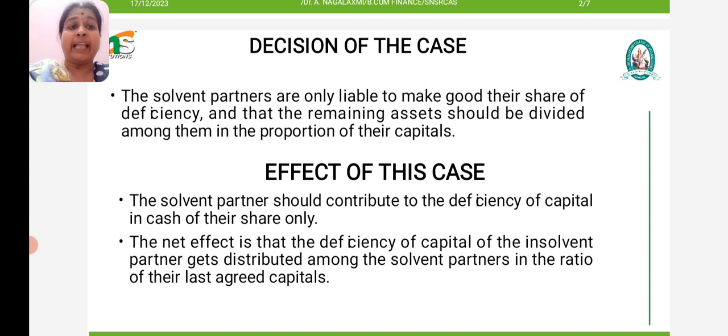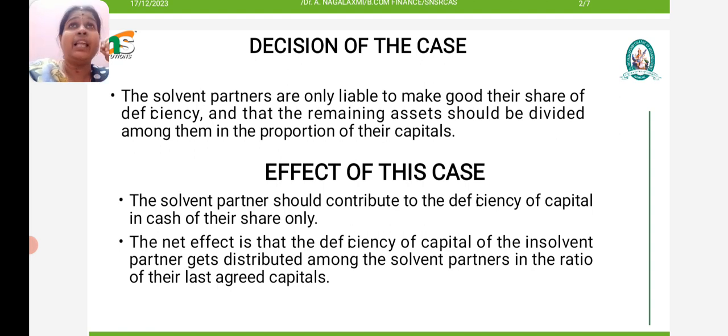Now, we are going to see the effect of this case. The solvent partners should contribute to the deficiency of capital in cash, to the extent of their share only.